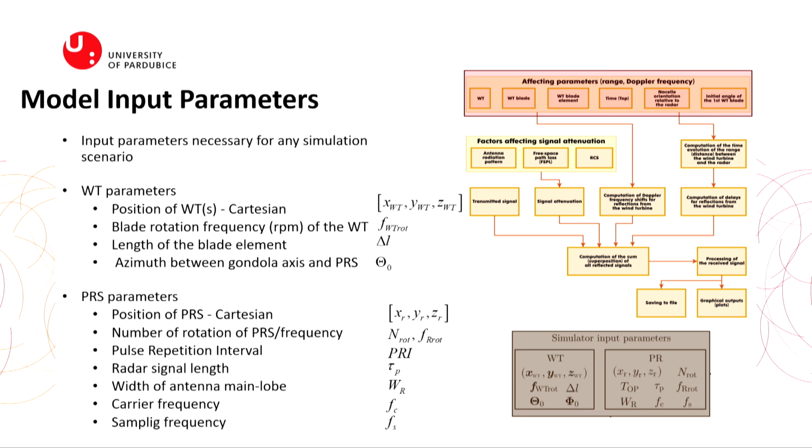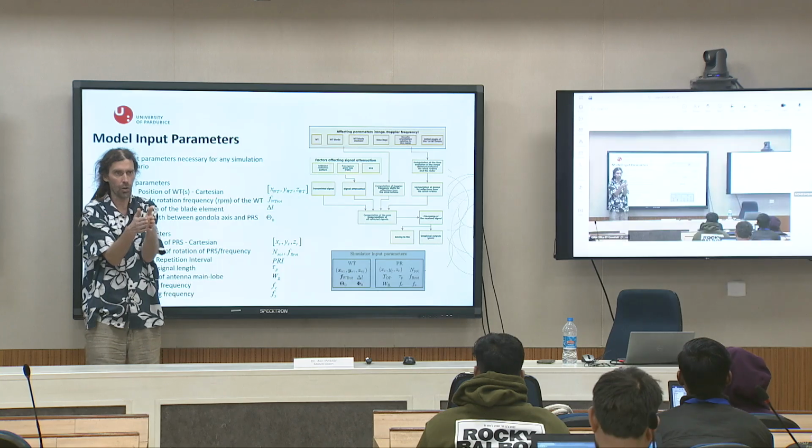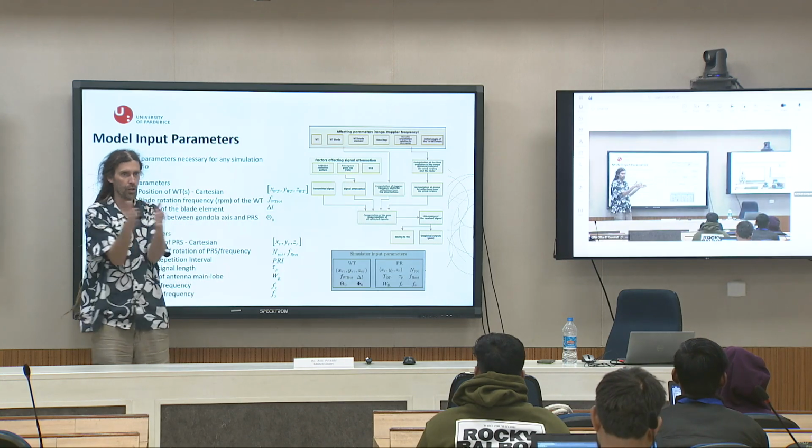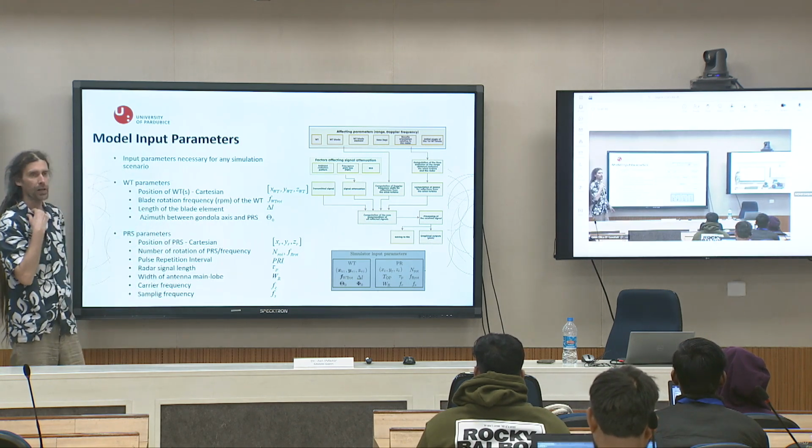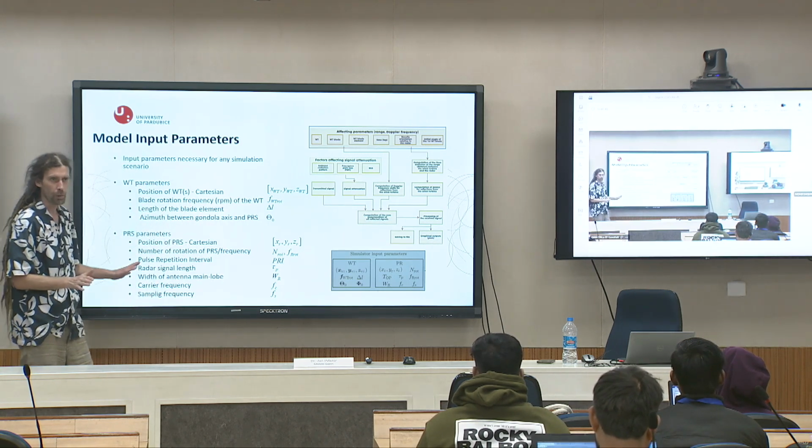PRS parameter, position of PRS, Cartesian, number of rotations or frequency of rotation, pulse repetition interval, length of pulse, width of antenna main lobe, because it is antenna based, it will be wide or narrow, then the time of illumination of the wind turbine will be different, carrier frequency and sampling frequency, clear probably.